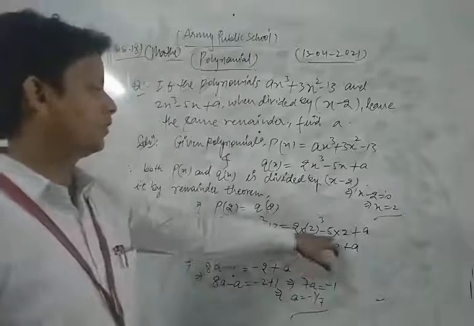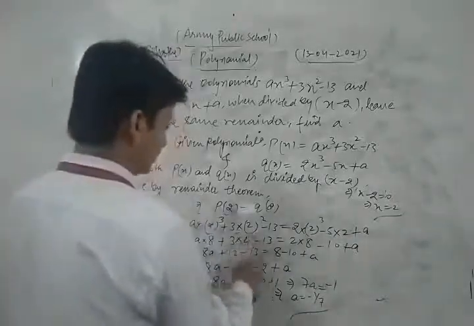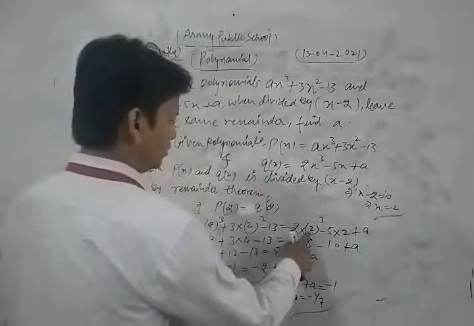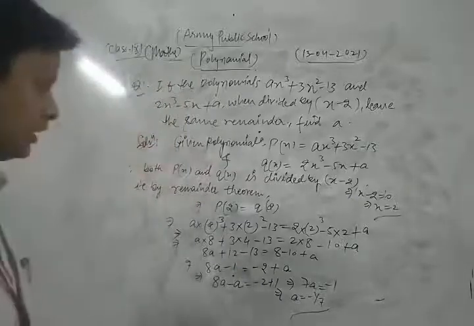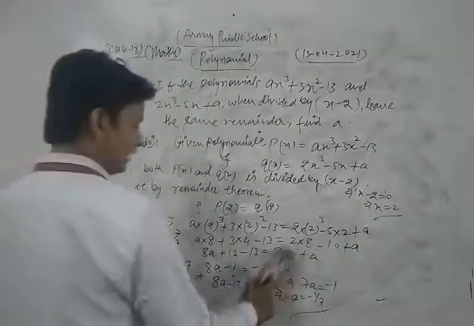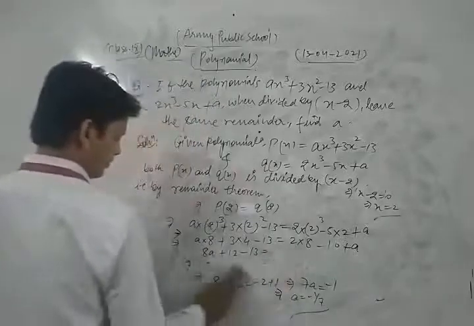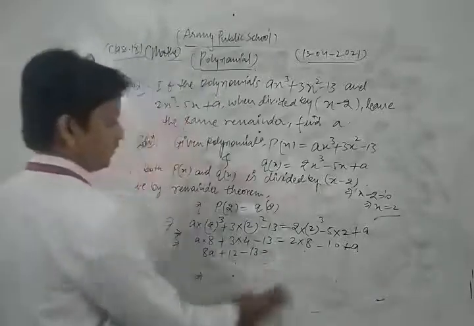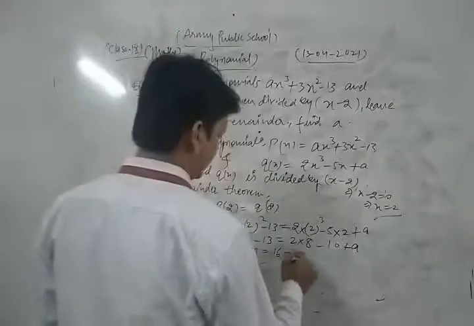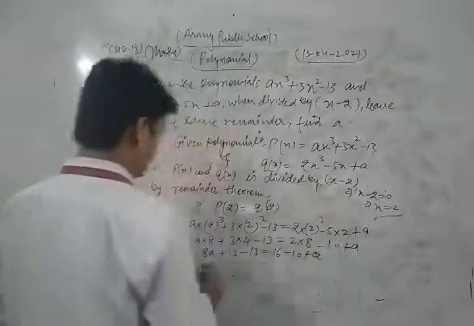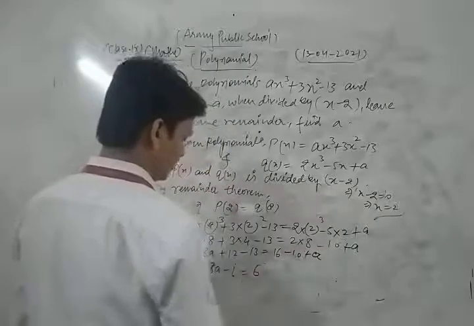Now 2 into 8 is 16. So here we get 16 and minus 10, and plus a as it is. So 8a minus 1 is equal to plus 6.